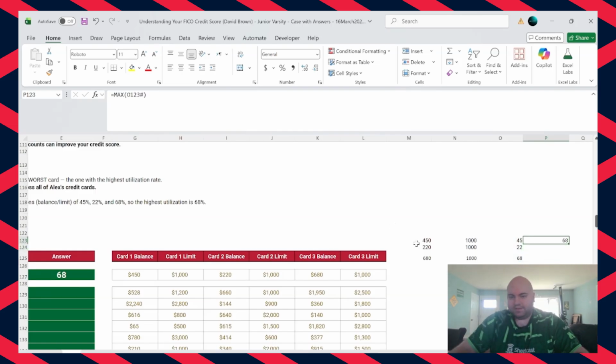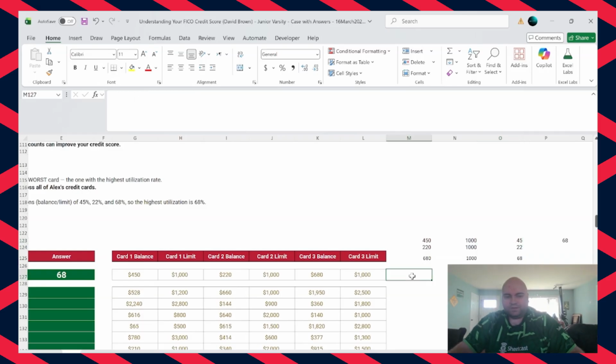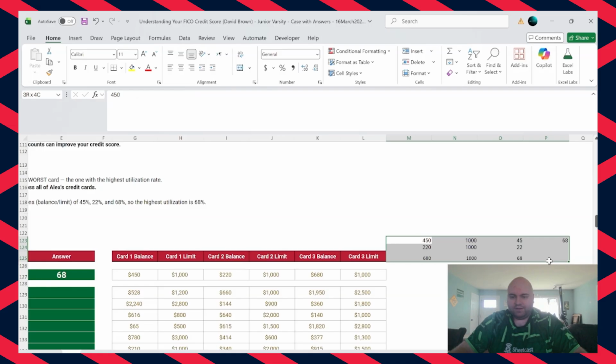So the idea is we would like to get a single column of the balances, a single column of the limits, and then we can just do balance divided by limit to get the rates and take the max of it.